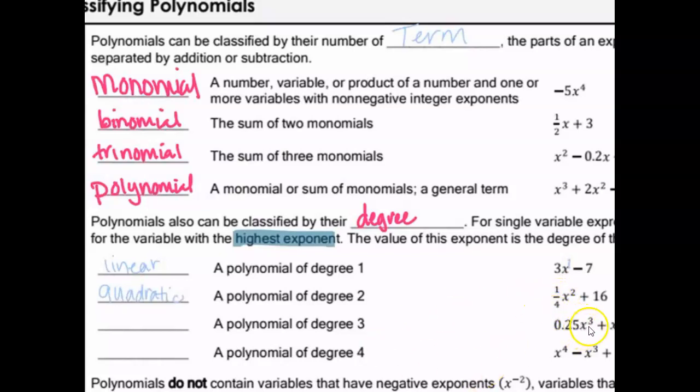Then if we have an x cubed, it's cubic. And then finally, the highest we really go in Algebra 2 is quartic, where quartic means we're raised to the 4th power. So if your largest exponent is a 1, it's linear. If it's a 2, it's quadratic. 3 is cubic. 4 is quartic.